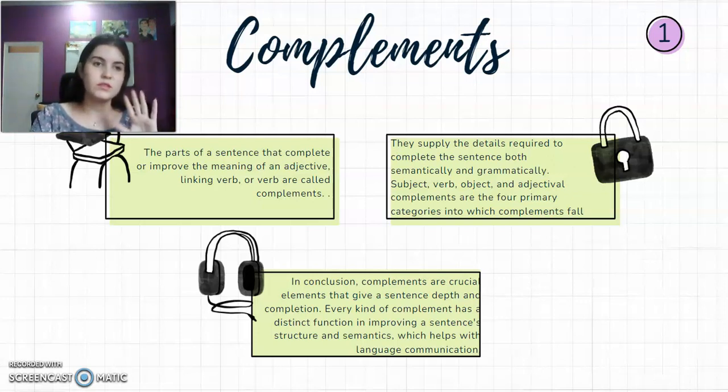These are the four primary categories that we have inside the complements. They are crucial because they give the sentence depth and comprehension. Every kind of complement has a distinct function and improves sentence structure and semantics, which helps language communication as a speaker.